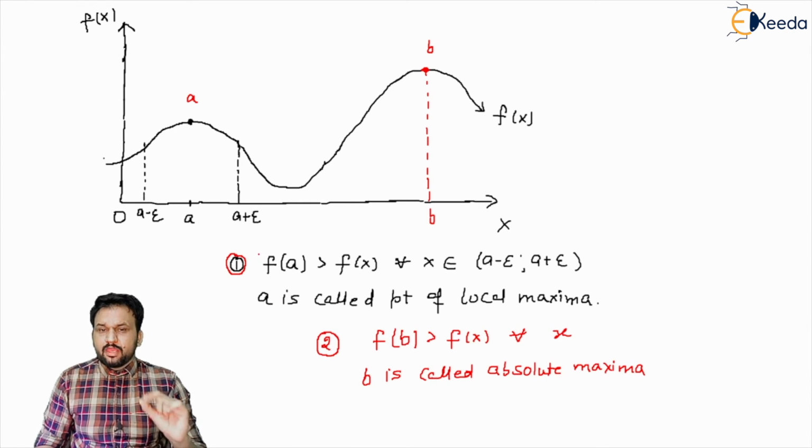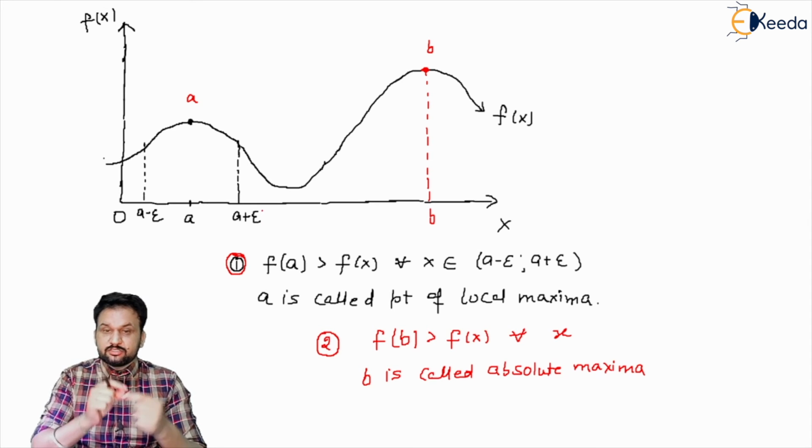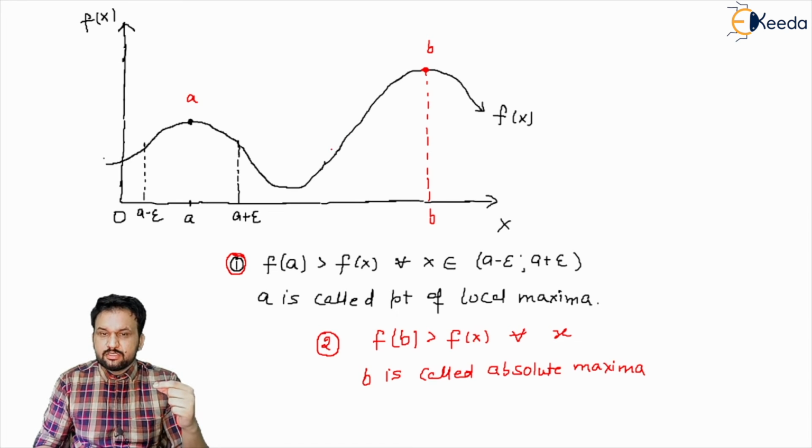Now, saddle points are also known as points of inflection, where a function is changing its behavior. Sometimes it is increasing and then it starts to decrease. In that case, the point is known as a saddle point.